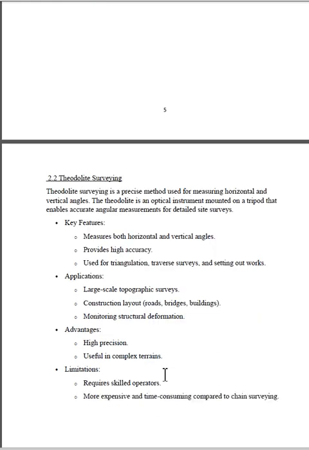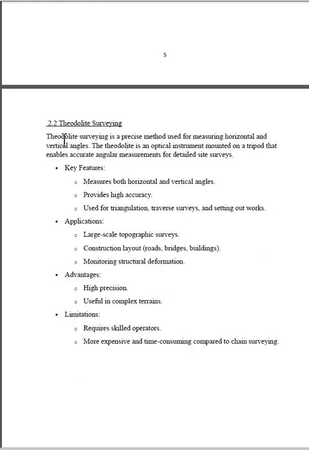Second is theodolite surveying. Theodolite surveying is a precise method used for measuring horizontal and vertical angles. Theodolite is an optical instrument mounted on a tripod that enables accurate angular measurement for detailed site surveys.